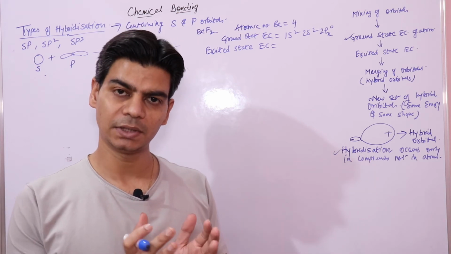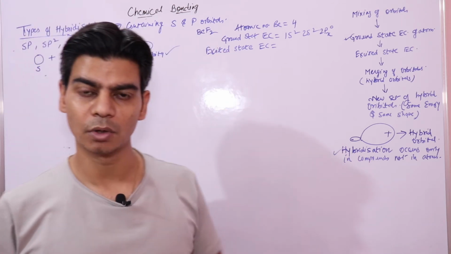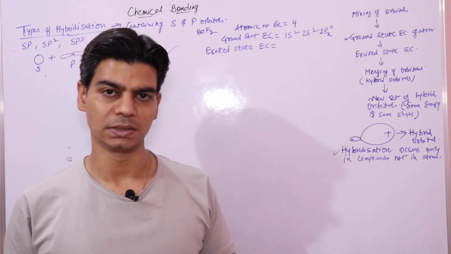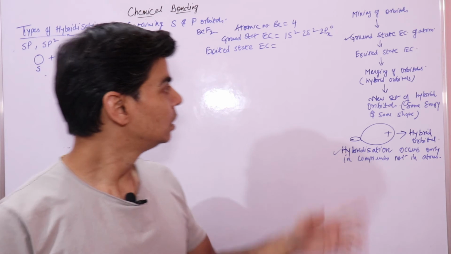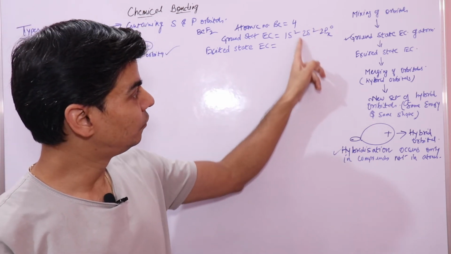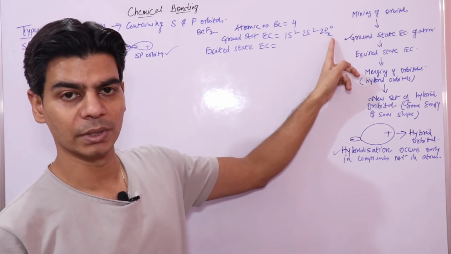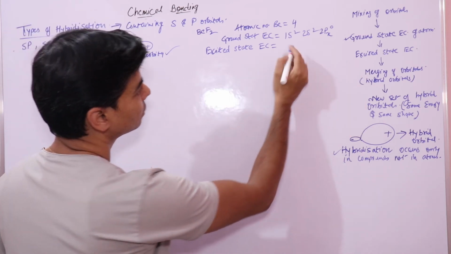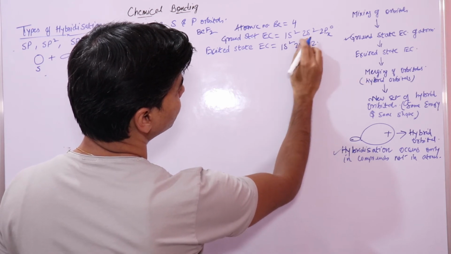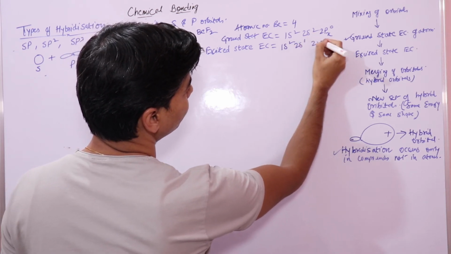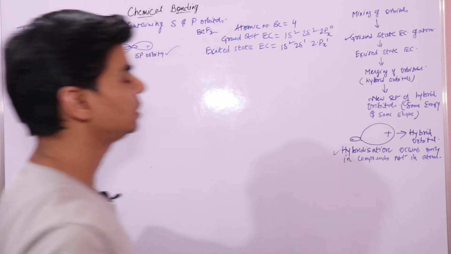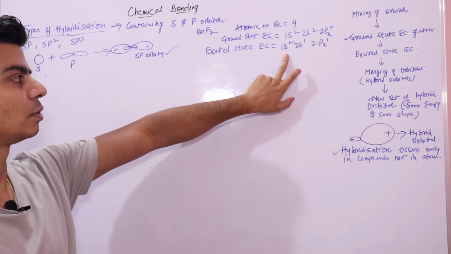Due to this attractive interaction between beryllium and fluorine atoms, energy would be released, and this energy would be used to shift an electron from this filled orbital to the empty orbital, right. So the excited state electronic configuration would be 1s2, 2s1 and 2px1, right. This is your excited state electronic configuration.